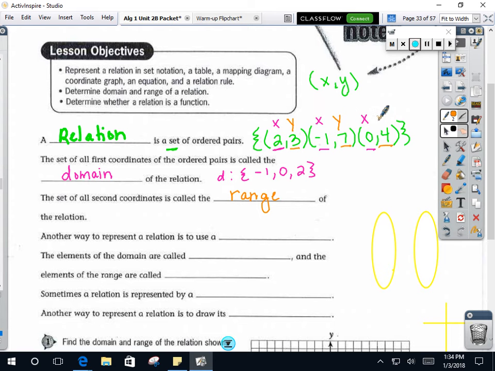So the range is the set of all the y values. And just like domain, when you list them out, you list them in order from least to greatest. So what number would I put first? You're looking at the y values, not the x values. 3, and then 4, and then 7.